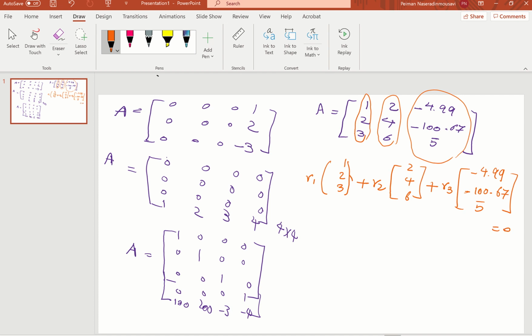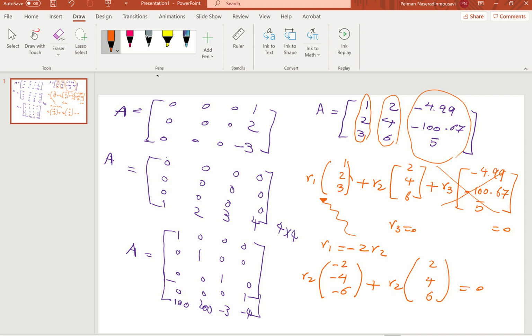When this is 0, I'm going to tell you: if I set R3 as 0, this goes away. If I say R1 is minus 2R2, and you implement this here, what you get is minus 2 R2 times 1, 2, 3, that is minus 2, minus 4, and minus 6, plus R2 times 2, 4, 6.